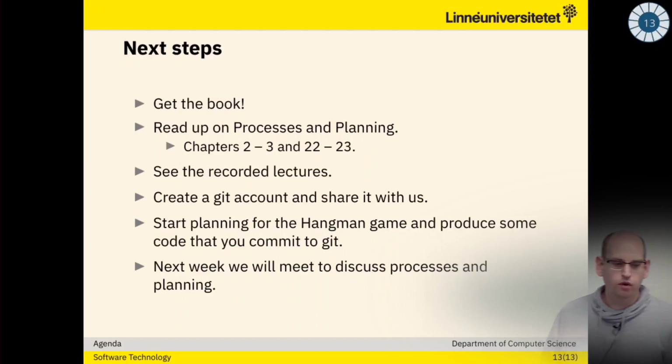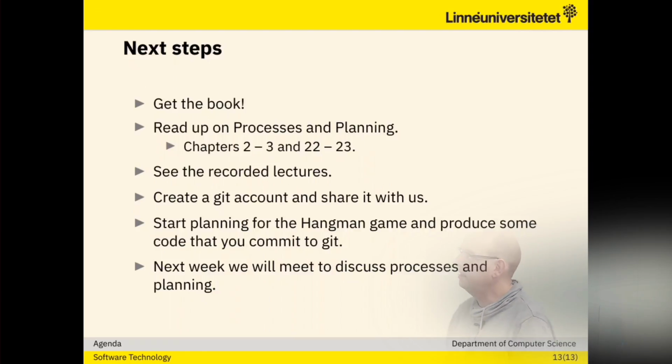Just a few more things. This last slide, the next steps, and this is just to really push you into what's coming up in the close time gap. Get the book. I don't care how, but get the book. Read up on processes and planning, which is chapter 2 and 3 as well as 22 and 23.